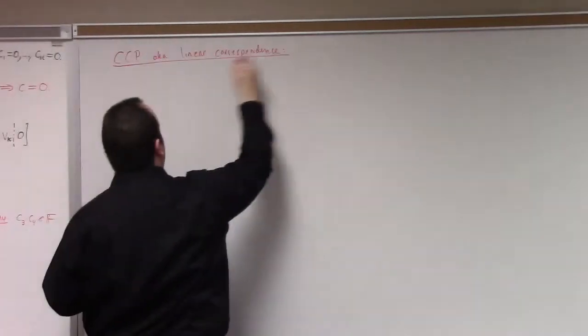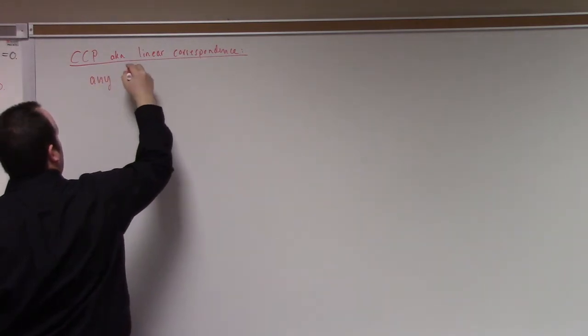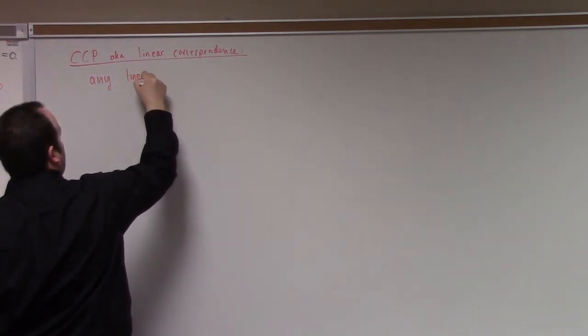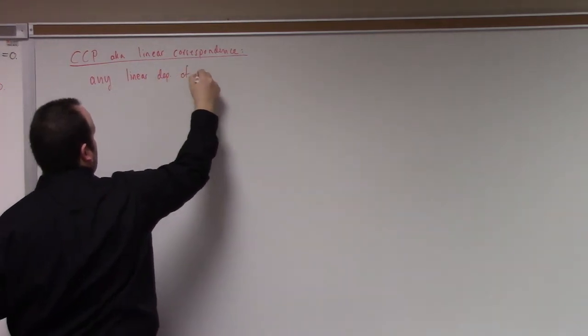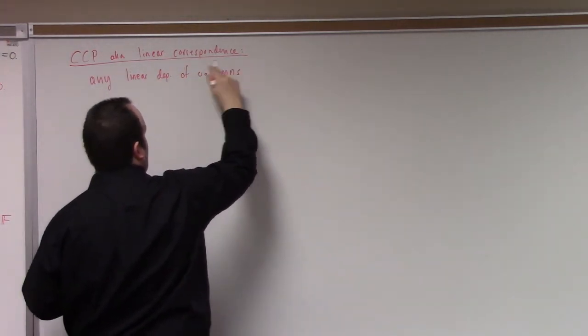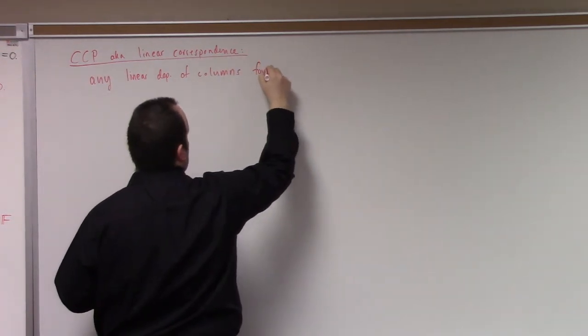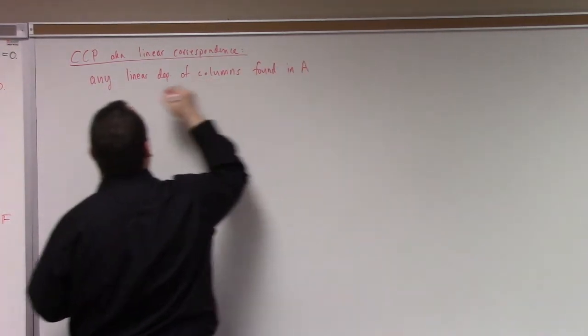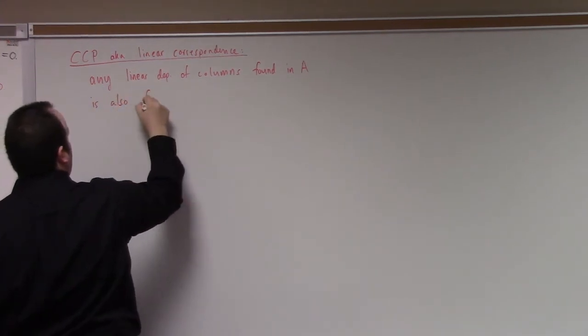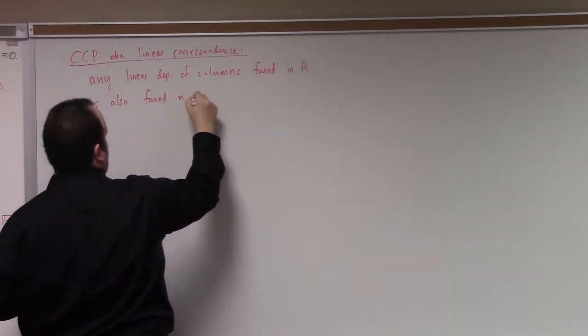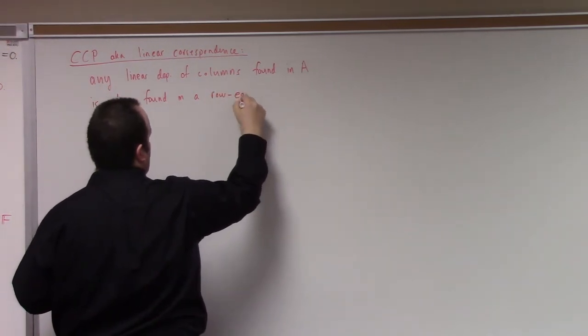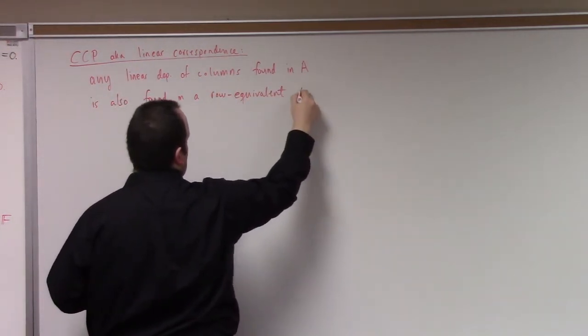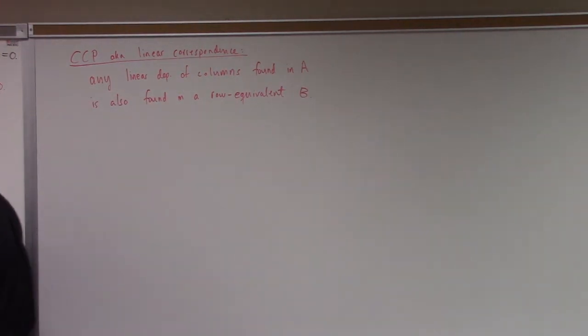It says any linear dependence of columns found in A is also found in a row equivalent B. In other words, if you do row operations to a matrix, it preserves whatever kind of linear dependence is present between the columns of the matrix.